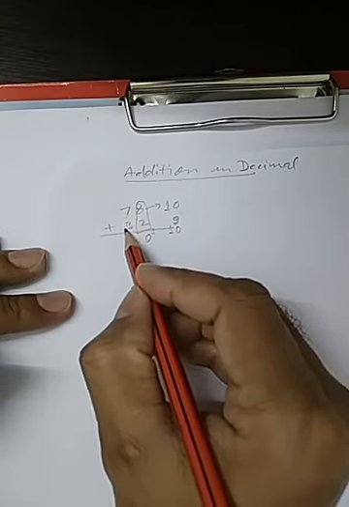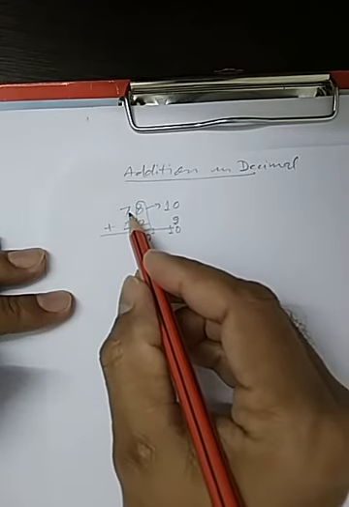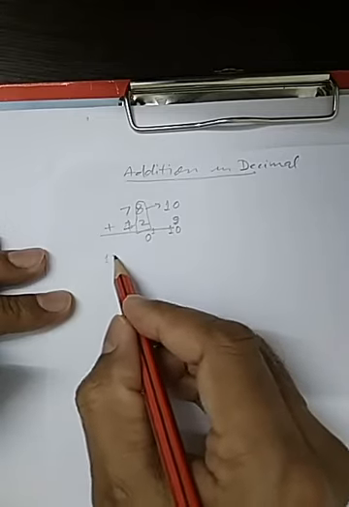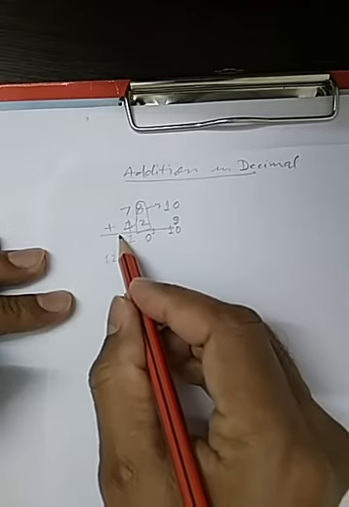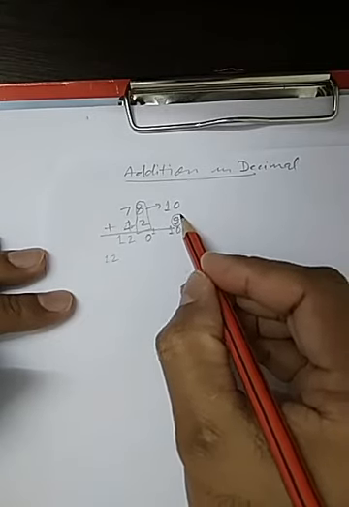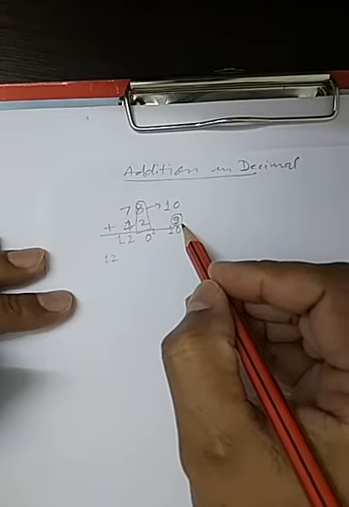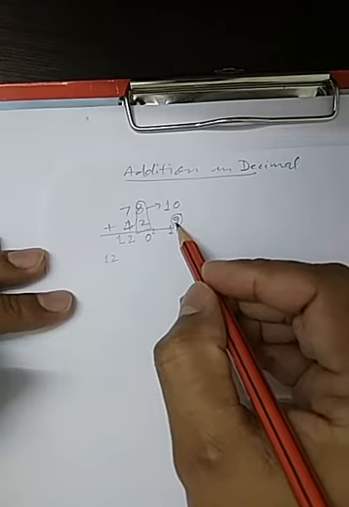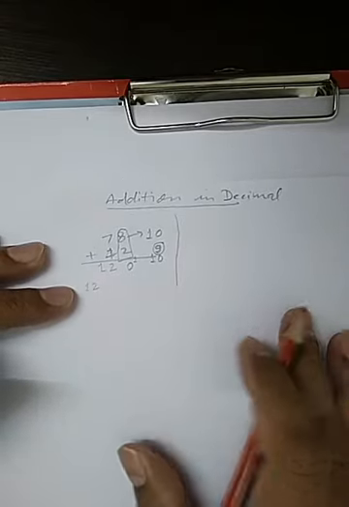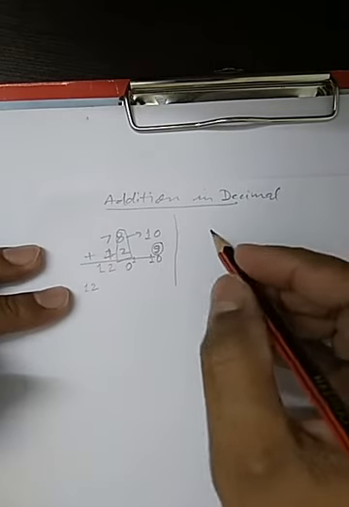Let us make it 4. 7 plus 4 is 11. 11 plus 1 is 12. So 2 and 1. So whenever a number exceeds the maximum symbol value, there will be a carry produced. So using decimal number system we perform the addition like this.